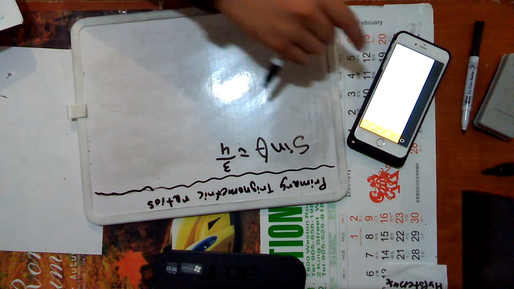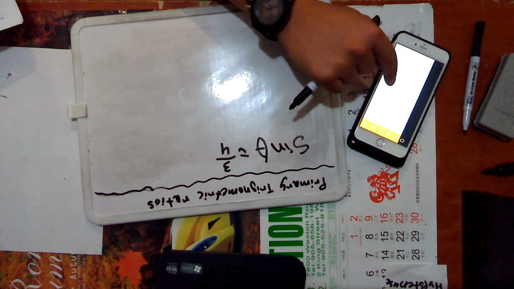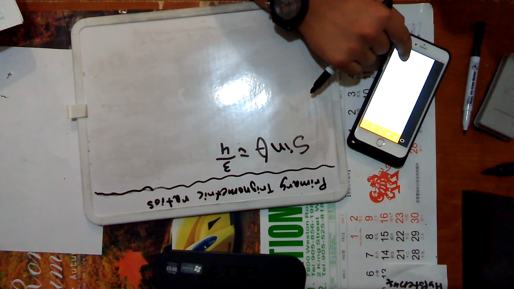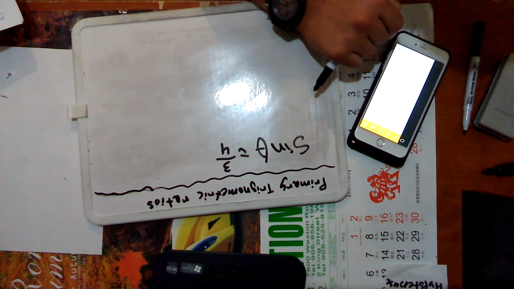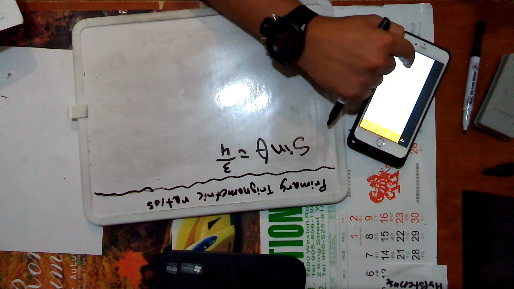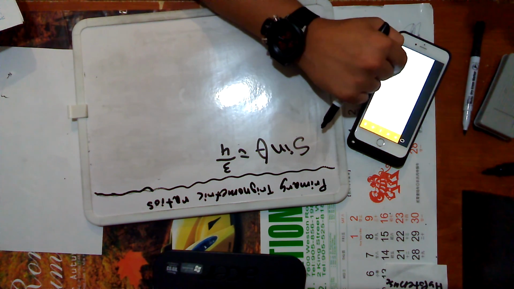So now we're going to do second function. Always in your calculator, there's a second function. Second function sine. Second function, 3 divided by 4, sine. Wait.